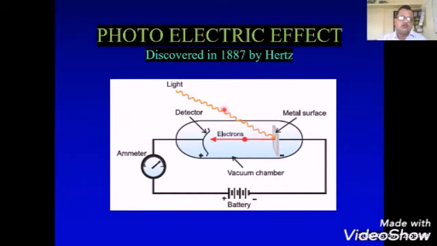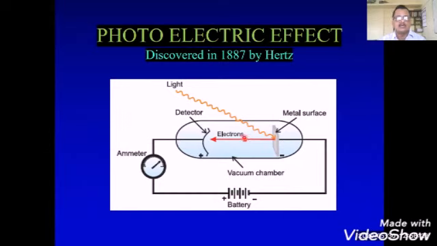Any light whose wavelength is above the threshold wavelength will not be able to eject any photoelectrons from the surface of the metal. If the wavelength of the incident light is less than the threshold wavelength, photoelectrons will be ejected with definite kinetic energy.